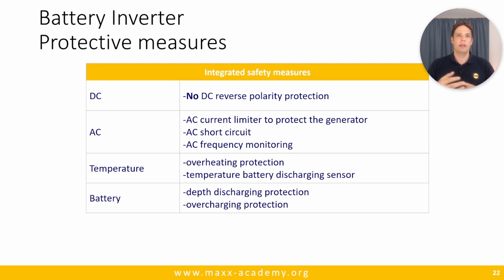And also there are battery temperature sensors on the batteries that can stop the charging or discharging of batteries if the temperature goes out of range. And as already mentioned, the battery depth of discharge protection and overcharge protection.